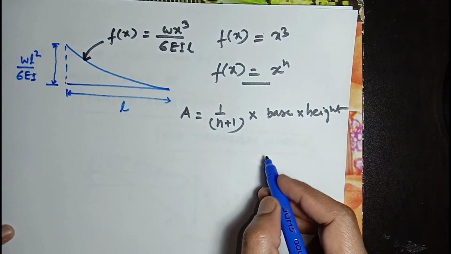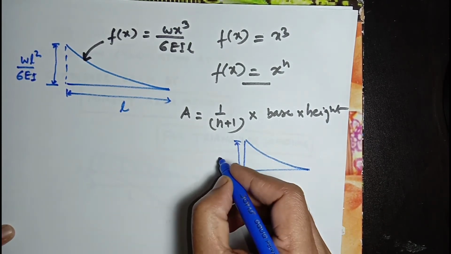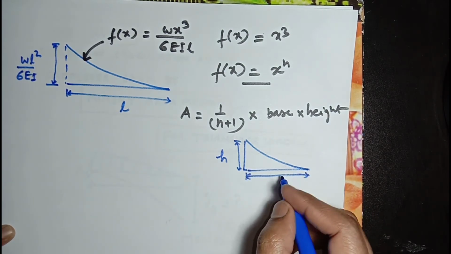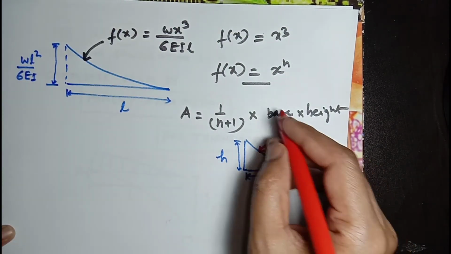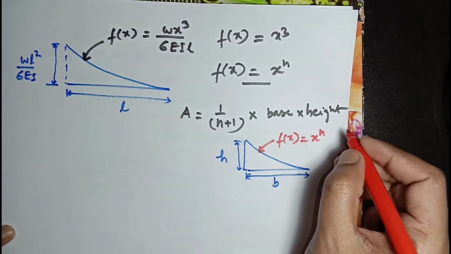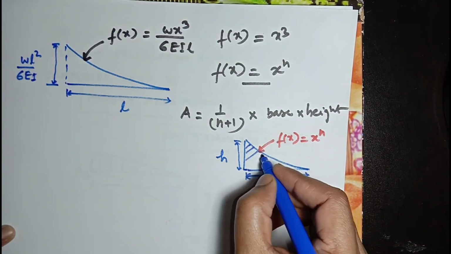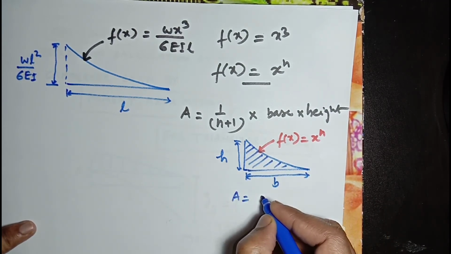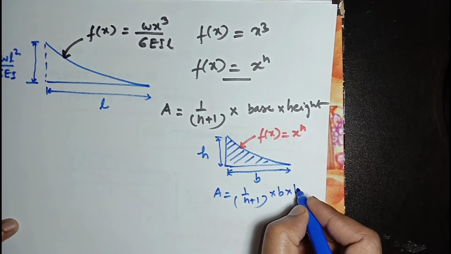For example, if we have a curve like this, with height h and base b, and the curve is a function f(x) of x to the power n, then the area will be A equal to 1 divided by n plus 1, multiplied by b and by the height h.